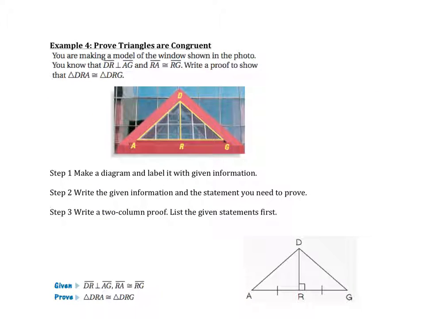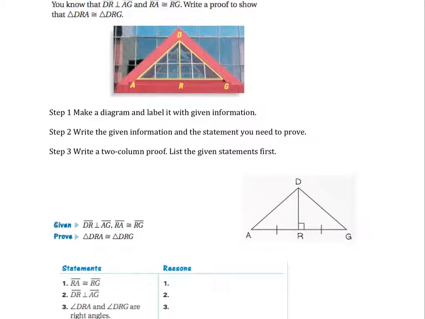Again, we're going to continue proving triangles congruent. In a word problem like this one, the first thing you want to do is make and label a diagram, something a little more simple than a picture that's there. Write the given information and state the statement you need to prove, and then write a two-column proof. Again, you're not going to have to worry about writing the logic.